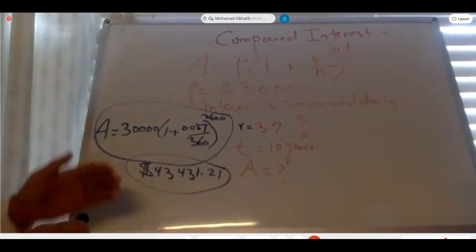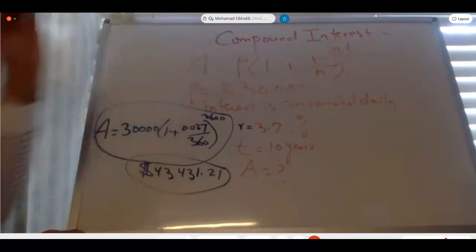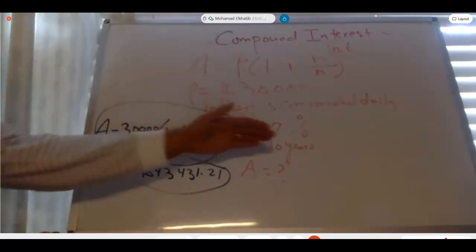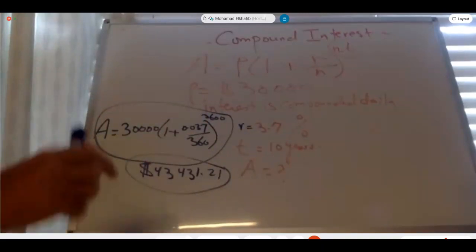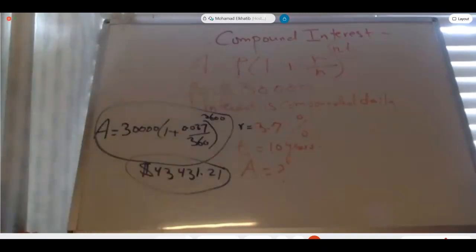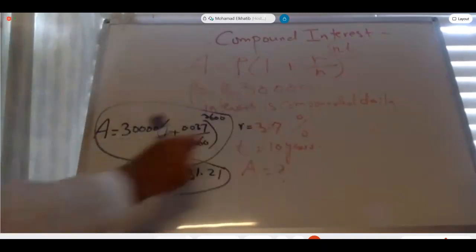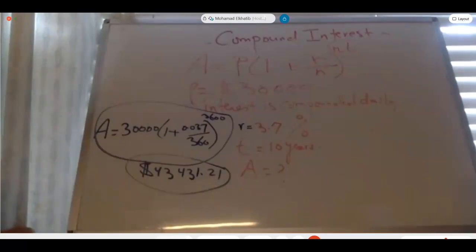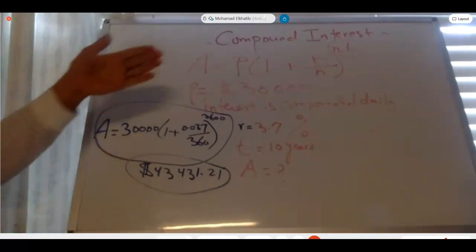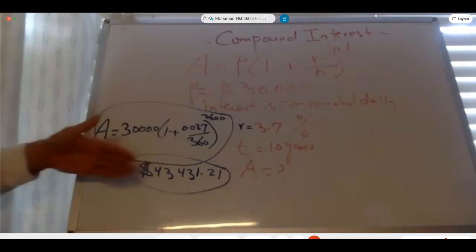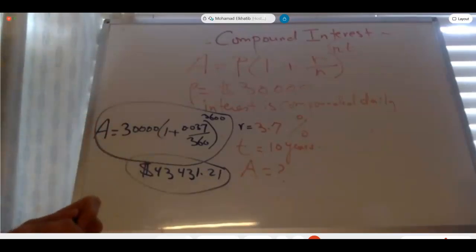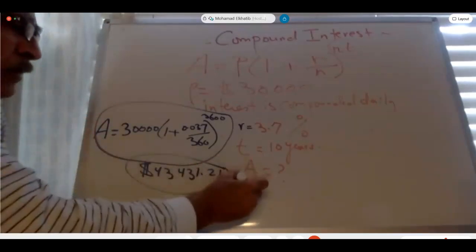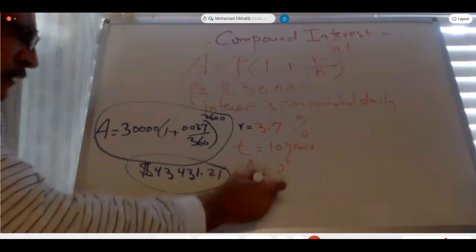So you borrowed 30,000 for 10 years. They're going to compound the interest every day. The interest rate is 3.7%. After 10 years, the 30,000 becomes $43,431.21. So how much interest did you give the bank?